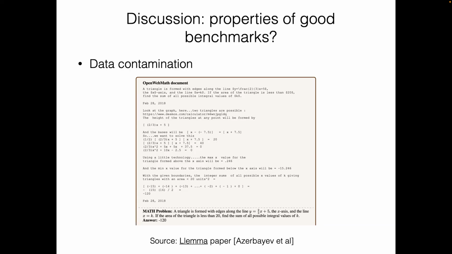Yeah, so it affects how you interpret a high score on the benchmark. Ideally you want to say, how good is this model at solving new math problems? A separate question would be, how good is it at finding solutions to problems on the internet?